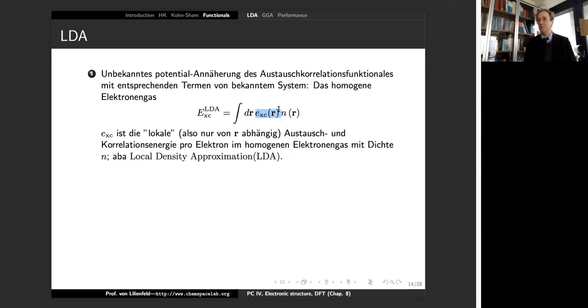If that works, it's super elegant. This is something extremely appealing. And in this sense, it is local, meaning that whatever the value of this epsilon xc is at r, it gets multiplied with the electron density at r, and it doesn't depend on other r primes. So it's just a product of these two terms.